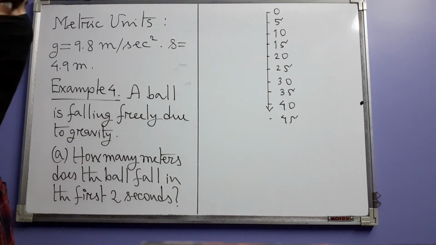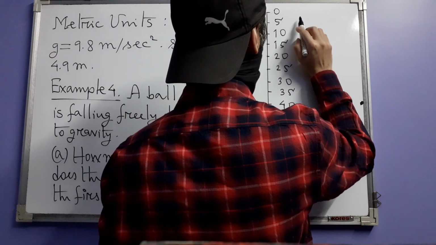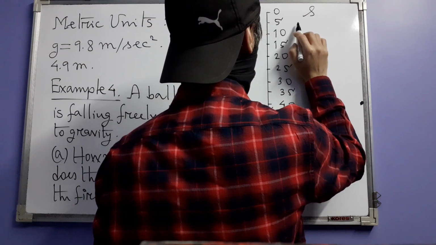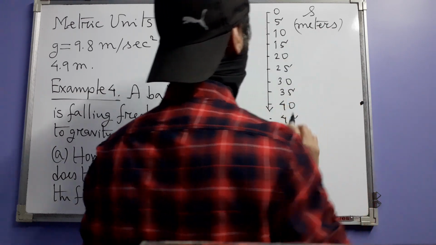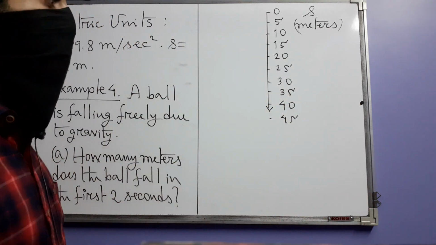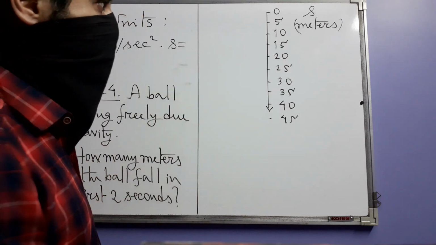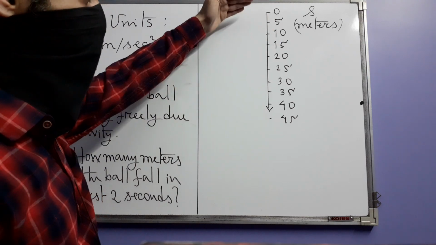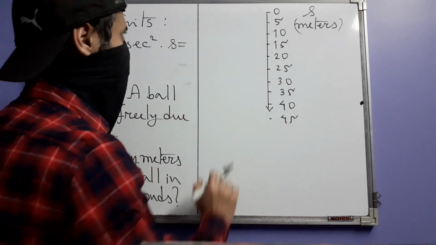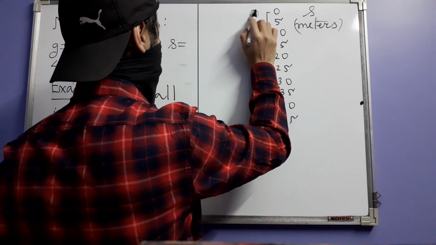Okay, so these are the heights in meters, S in meters, which increases downwards because the object is falling and its distance from the point where it started its fall is increasing with time, and time is measured in seconds. So here you have the object.